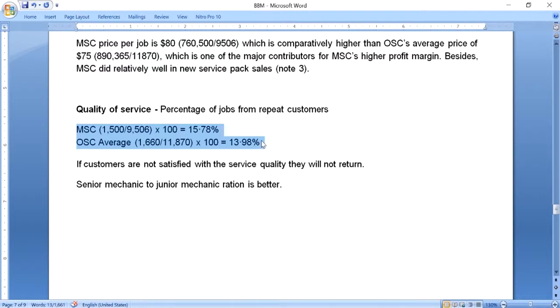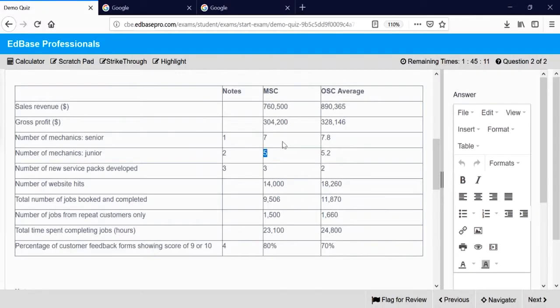So we have to state this, and again you have to mention any reasons for that. The possible reason could be, if you look at the senior mechanics to junior mechanics ratio, you can see we have a slightly better balance here. So for 7 senior mechanics, we have 5 junior mechanics.